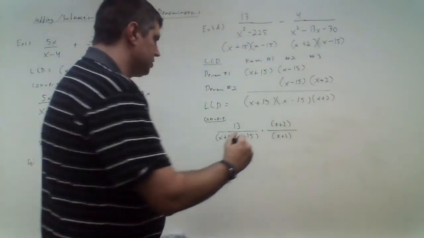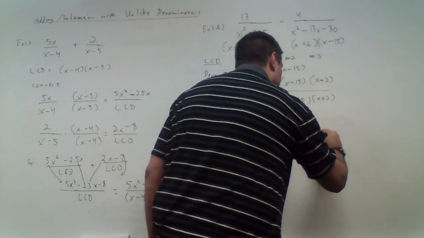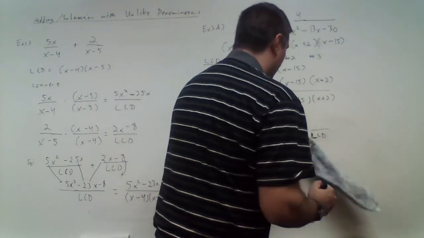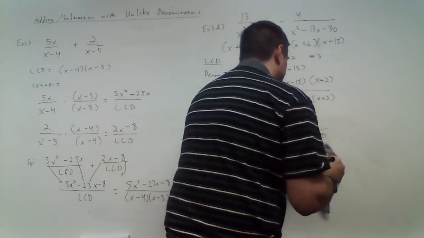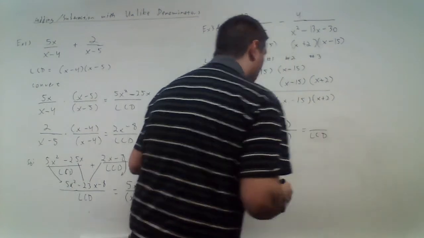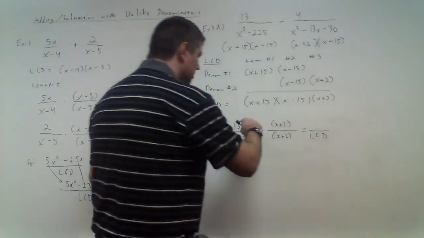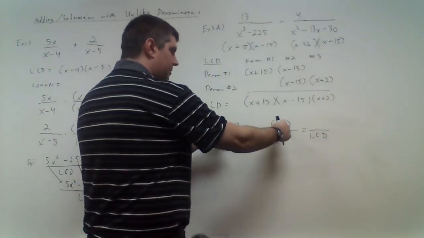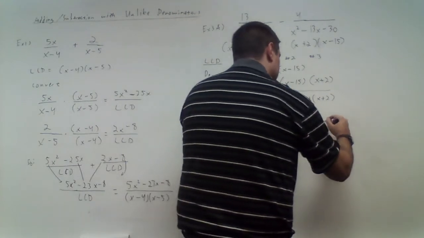Okay? So, I'm going to put LCD on the bottom here for now. Now, that looks horrible. I think I'm worse on camera than I am in class on handwriting. So we have 13 times x, distributive property, 13x plus 26.